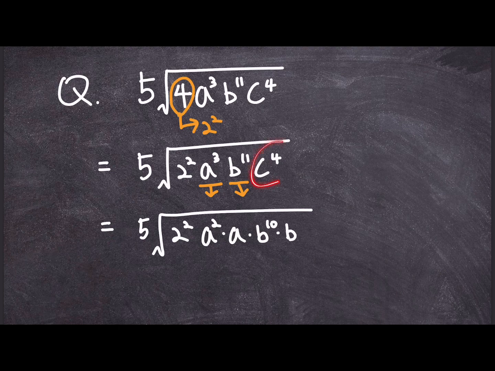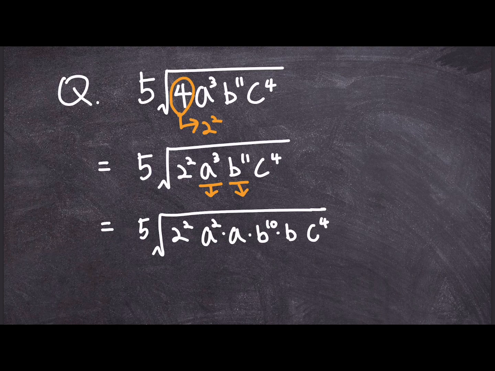And for c to the power of 4, I'm going to write it as it appears because the exponent is an even number. Now, variables with even numbered exponents get to escape the square root sign, and odd numbered exponents have to stay underneath the square root sign.